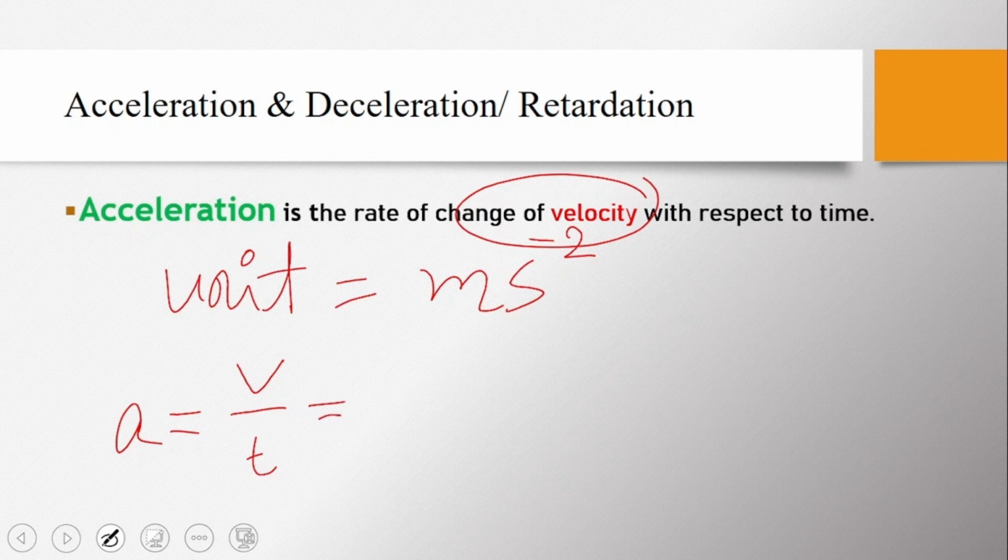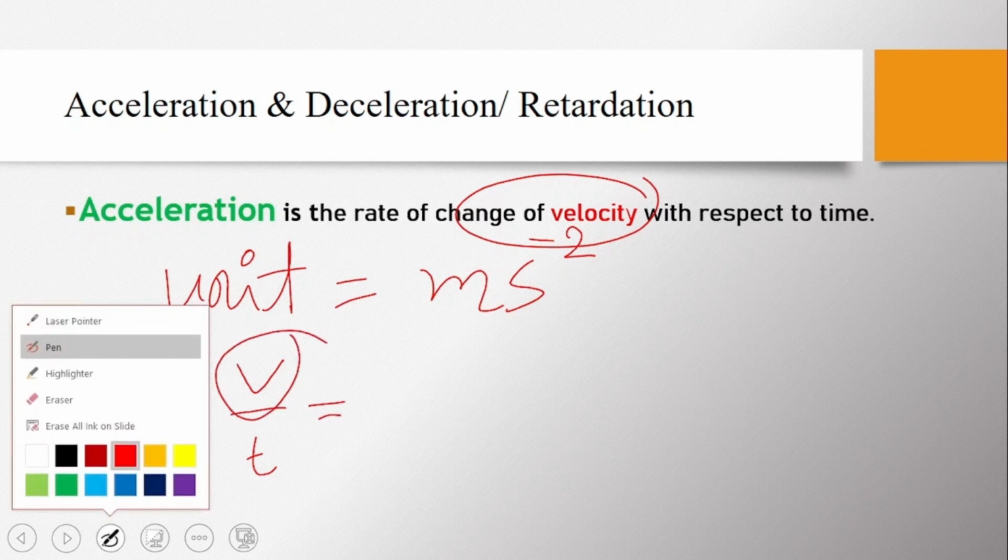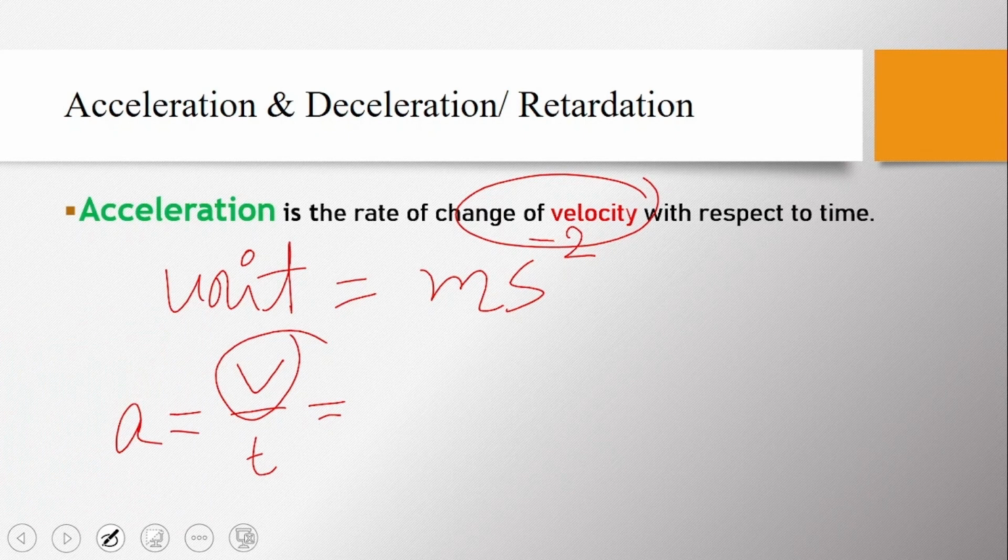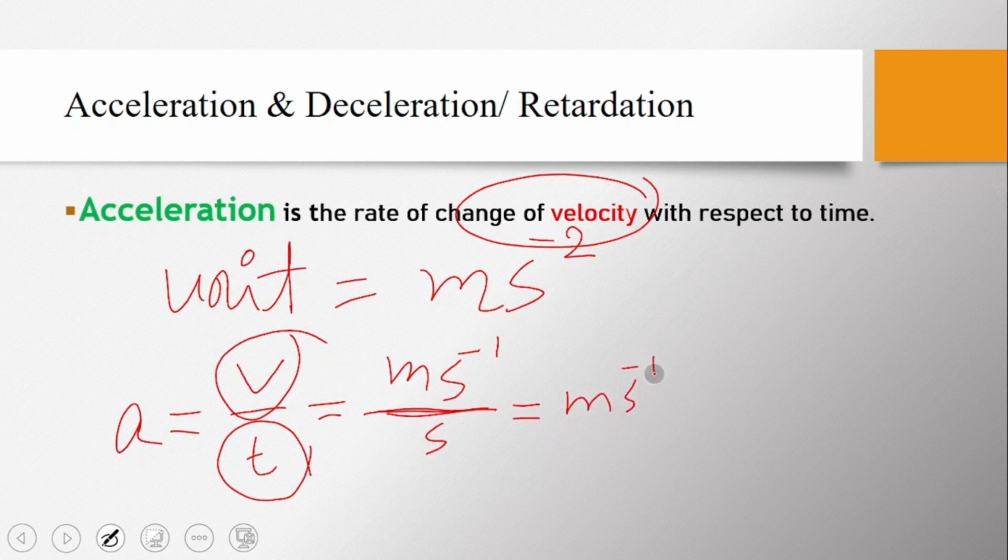We know the unit of velocity is meter per second, and the unit of time is second. Here they are in division form. If we want to write these two units in multiplied form, then we will write the denominator as numerator.